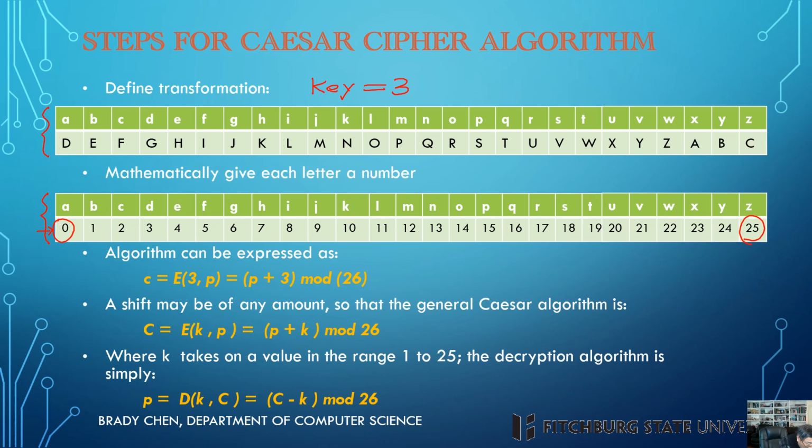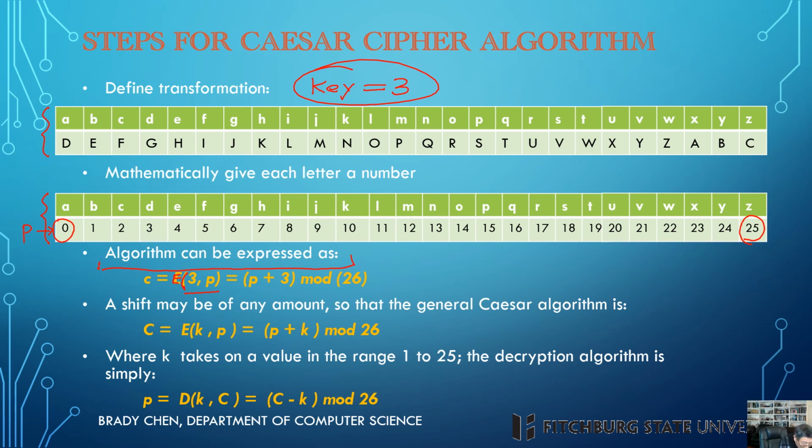So the Caesar algorithm can be expressed using a math formula. We say E is the encryption algorithm, the key is 3, and P is the plain text. Now, P could be 0, 1, 2, up to 25, right?